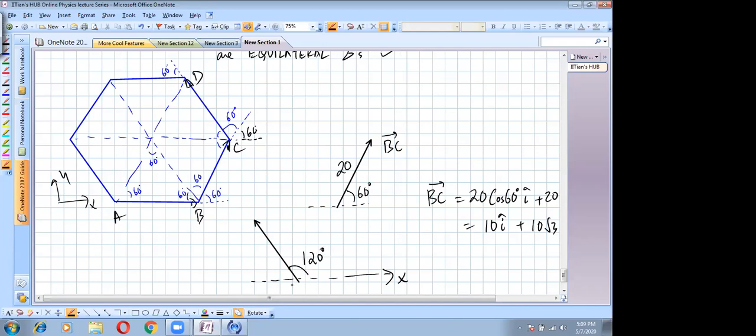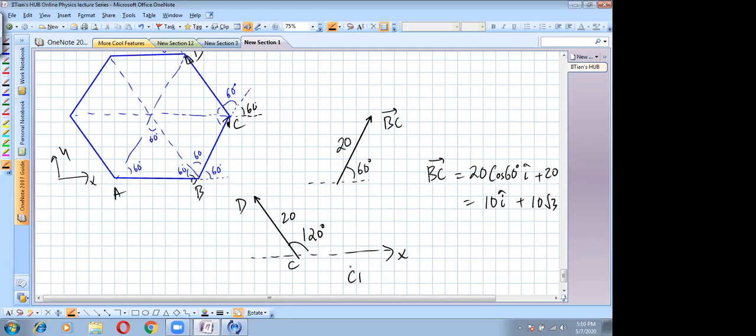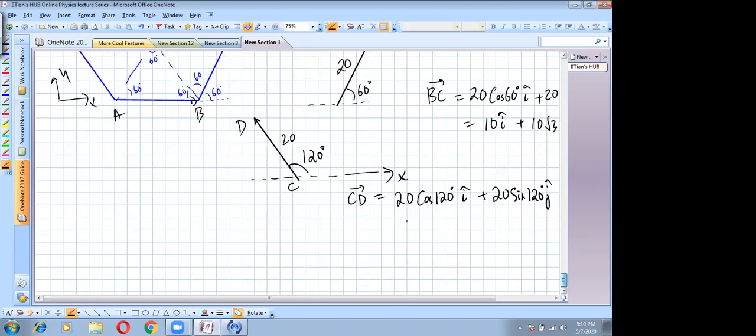So your CD vector becomes 20 cos 120 degrees I cap plus 20 sin 120 degrees. And as you know, cos 120 is minus half, so this will become minus 10 I cap. Sin 120 is plus sin 60, so that's plus root 3 by 2, so 10 root 3. So that is your justification for this.